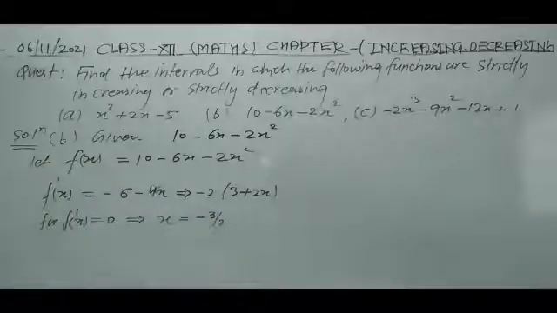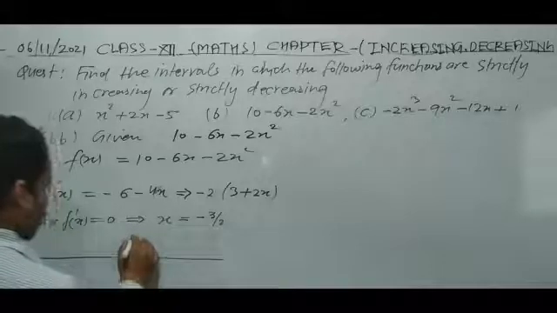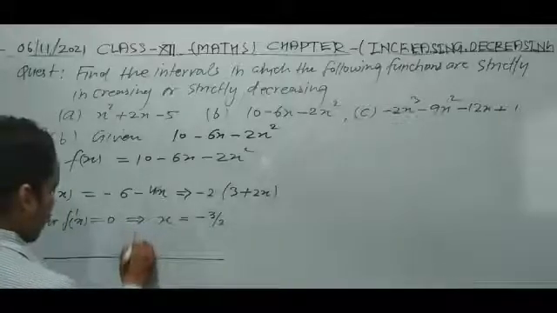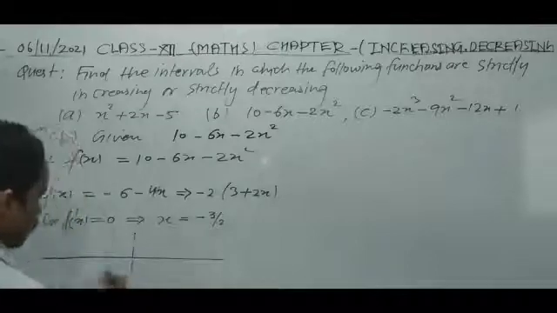X is equal to minus 3 by 2 is the number lying on the number line. This line x is equal to minus 3 by 2 is also the line parallel to the y axis, which will divide the x axis or number line into intervals. So this is the line x is equal to minus 3 by 2.